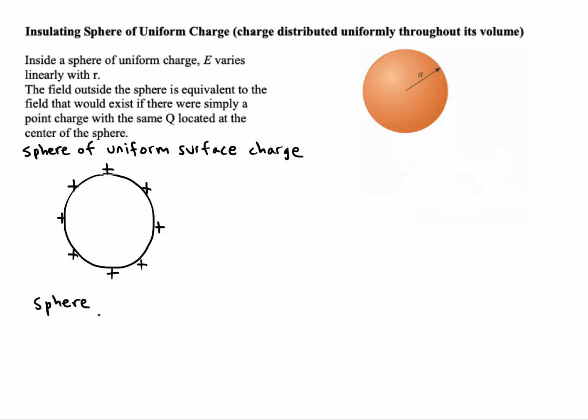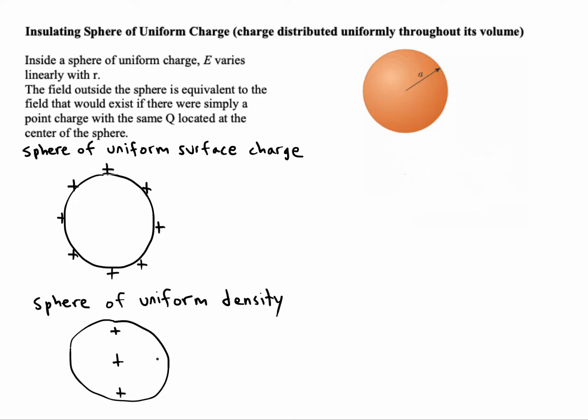But we could also have a sphere of uniform charge density, and that's a little different. In that case, the charge is distributed uniformly throughout the sphere's entire volume, and it would be inside the sphere.